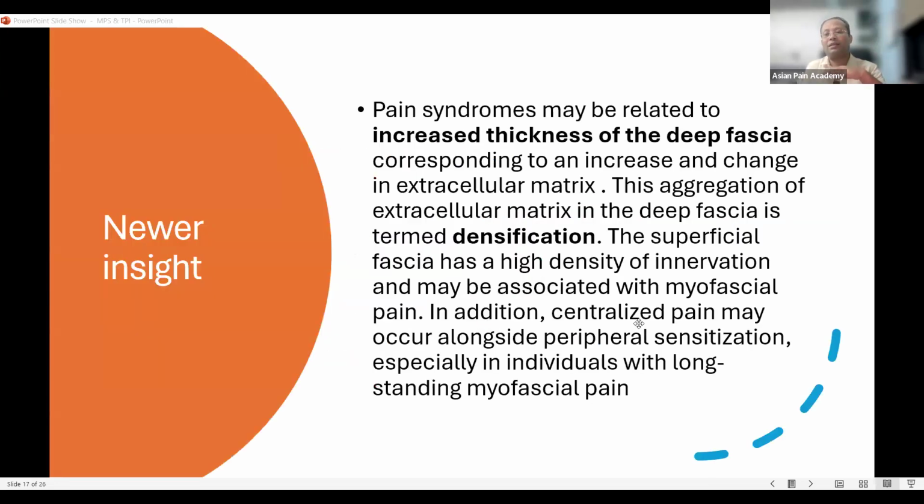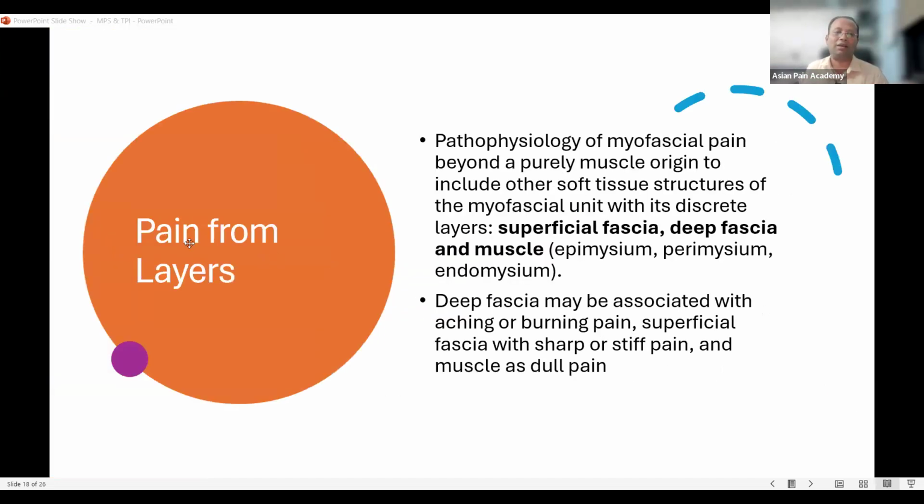Nowadays there is a new thinking that it is not only the muscle knot, it is the fascial layer between the muscles which is causing the fasciopathy. So you can do a hydrodilatation in the fascia. Pain comes from layers: superficial fascia, deep fascia, muscle, all can be painful. It is not that only the muscle is painful and the superficial and deep fascia have no role.